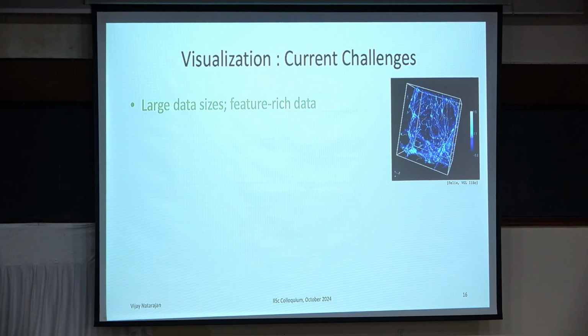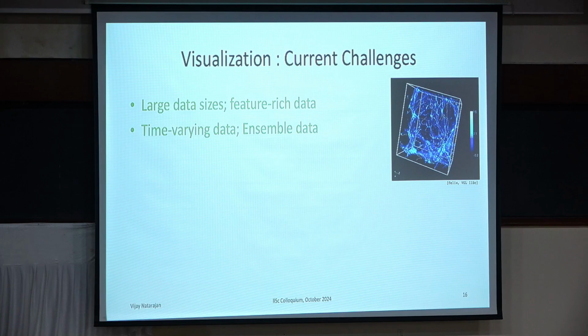Those are of interest, and those appear at different density regimes. And it's very difficult to use color and transparency to show all those density regimes, which is why a volume rendering typically fails. So it's important to be able to extract these structures explicitly and then have a way to visualize those computed structures.